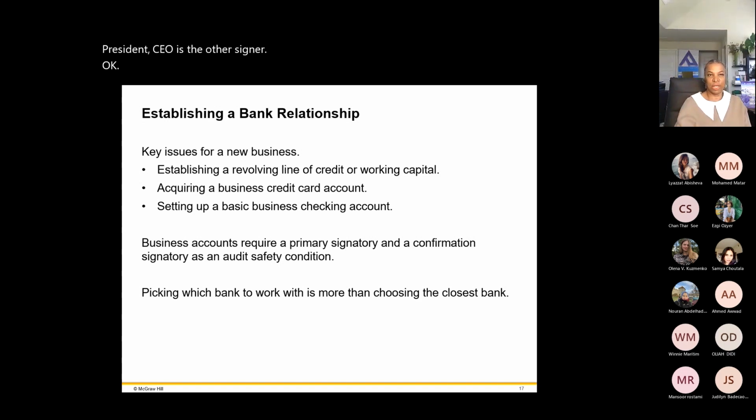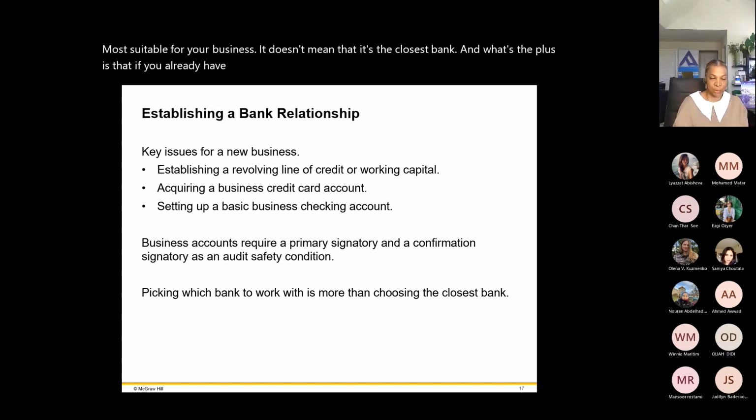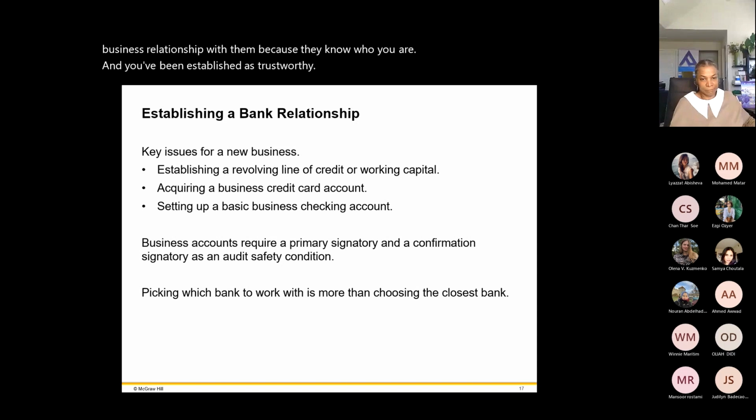So when you pick your bank, you want to find the one that's most suitable for your business. It doesn't mean that it's the closest bank. And what's the plus is that if you already have a personal relationship with a bank, it's easier for you to establish a business relationship with them because they know who you are and you've been established as trustworthy. Okay.